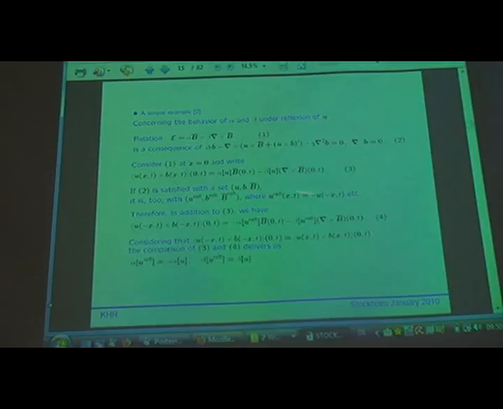In addition to this relation, we must have the same relation with U, B, and B bar replaced by U reflected, B reflected, and B bar reflected. I have written this here. I have already replaced the U reflected and the B reflected by these expressions.